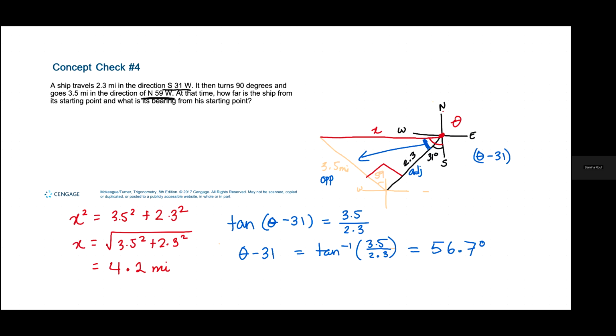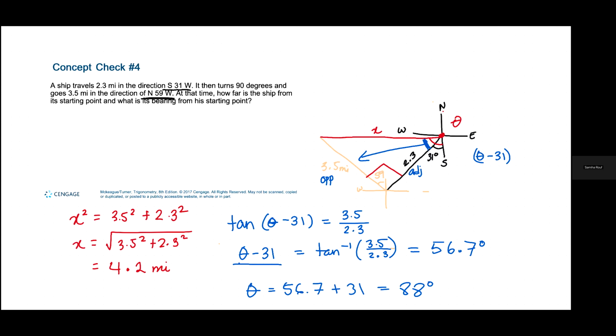Okay, but we would need to find theta, so this is just theta minus 31. That means theta would be equal to 56.7 plus 31. And I'm rounding up to 88 degrees.